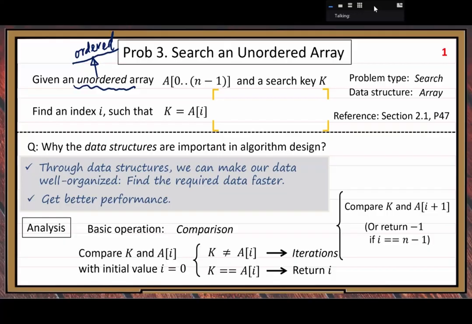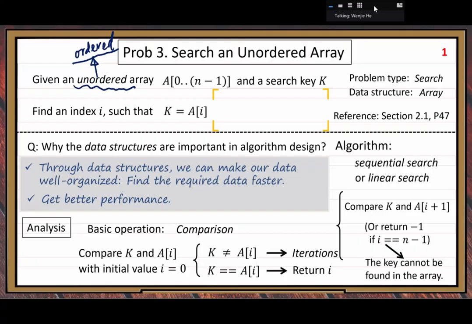So this special value tells people it does not exist. All right, that's the basic algorithm here. This algorithm we call sequential search or linear search. Same meaning.